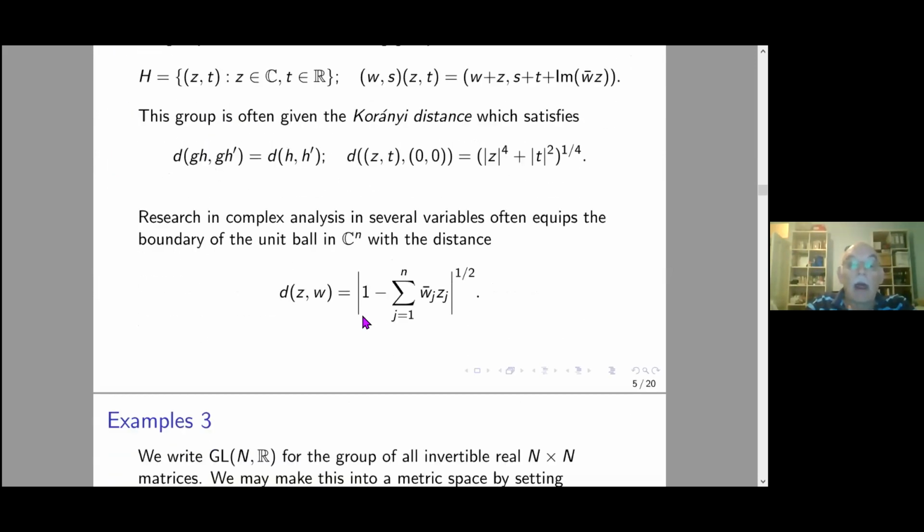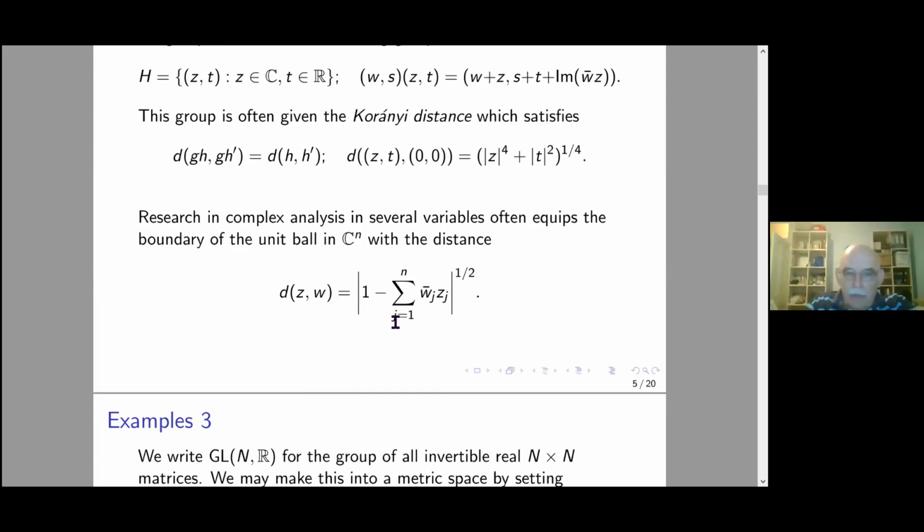Then there are people who work in complex analysis, and when they work on the unit ball in complex n-dimensional space, they have another distance given by this formula here, which is not the same as either the Euclidean distance or the spherical distance, but is yet another distance.